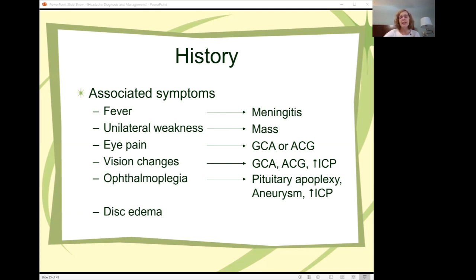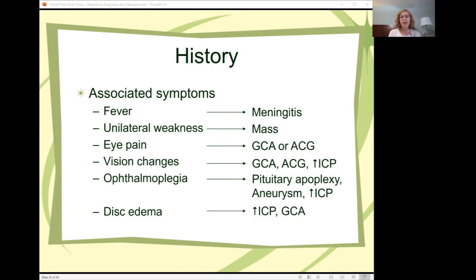Also, think of an impending subarachnoid hemorrhage due to a posterior communicating artery aneurysm if the patient has a cranial nerve 3 palsy. A cranial nerve 6 palsy may indicate increased intracranial pressure.